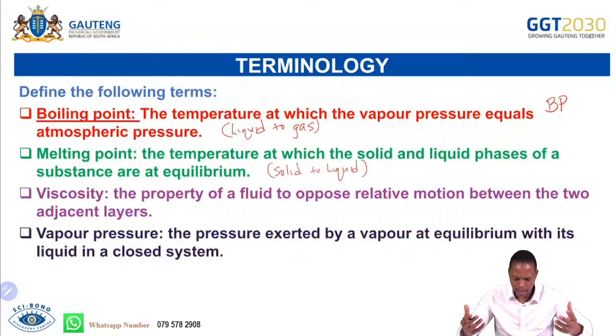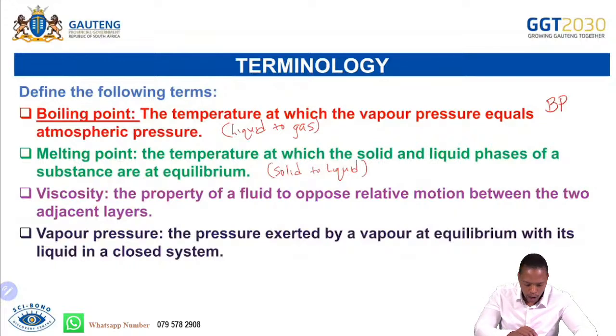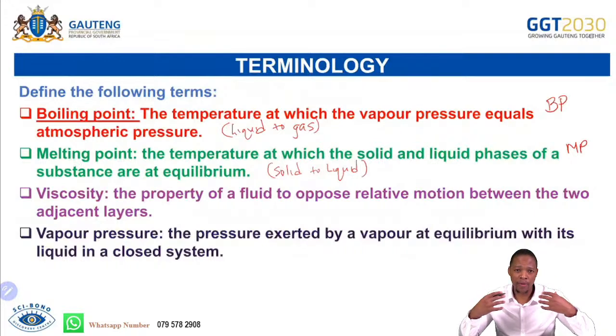You have ice, it was solid, and it is turning into what? Water, which is liquid. So just think of them like that. How do I abbreviate melting point? I say MP. BP for boiling point, MP for melting point. I keep the abbreviations in my head, by the way, they help me.